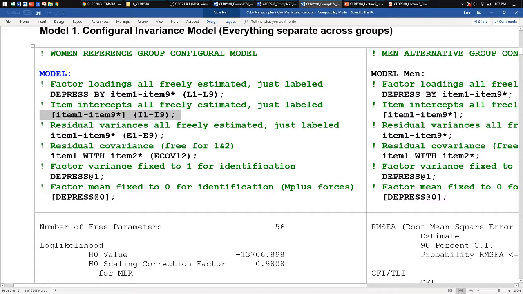But yes, in the world of CFA, when you are fitting a linear effect of the factor in predicting the direct response, you have intercepts and you have residual variances.